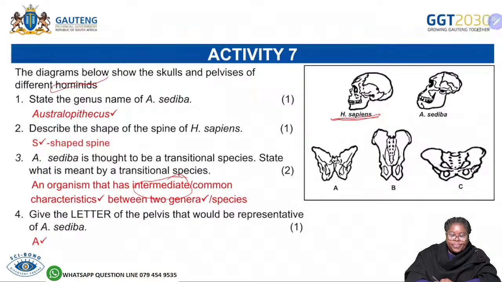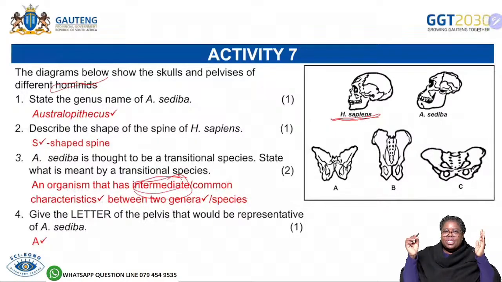It's A. Remember, with a transitional species, what did we say? It's an organism that has intermediate characteristics or common characteristics between the two species. If you've got two species, the one in the middle has got characteristics of both, hence we're referring to it as intermediate. So an intermediate or transitional species is an organism that shows intermediate characteristics.